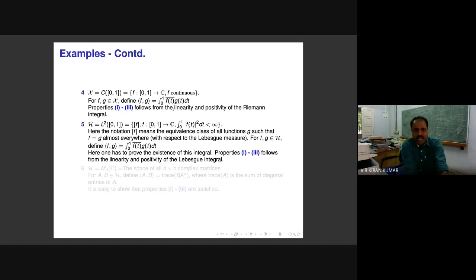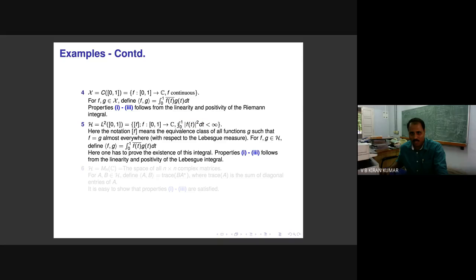Using that measure, you can generalize the notion of Riemann integration to something called Lebesgue integration. So here I am considering the Lebesgue integral, and all functions which are square integrable, with respect to the Lebesgue measure.